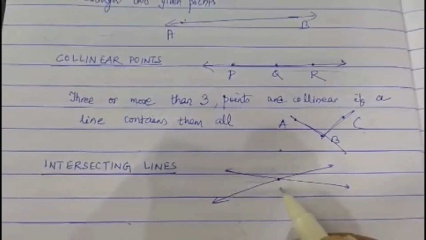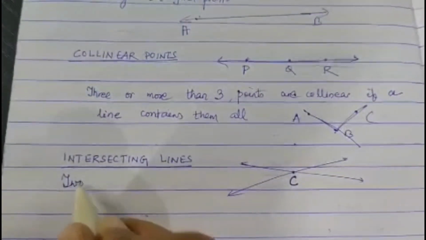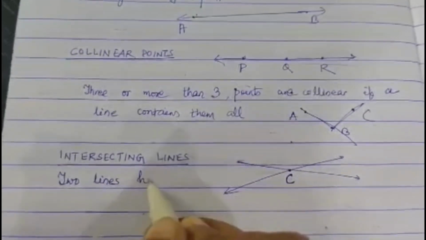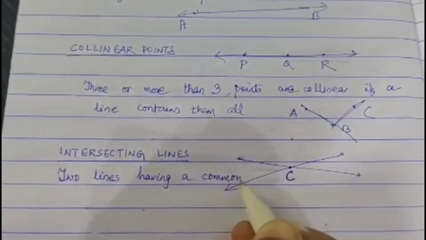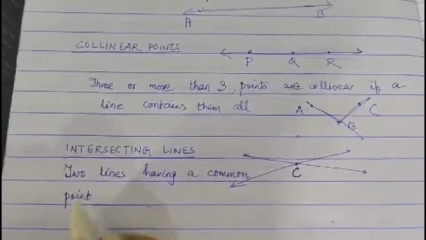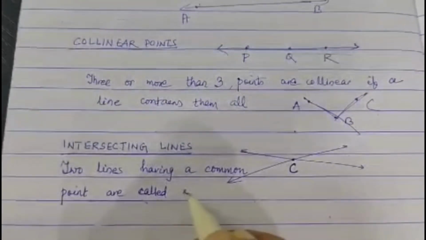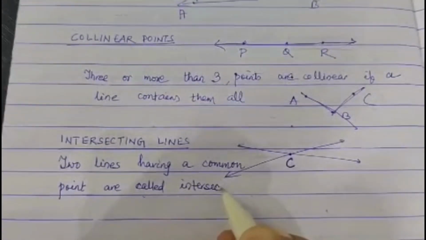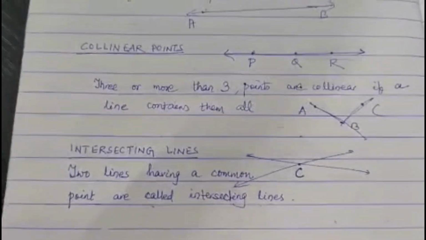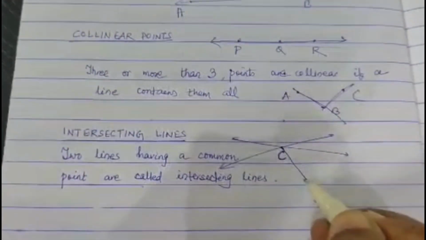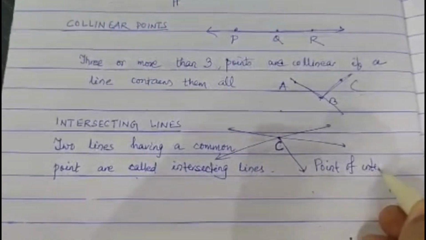There is a common point, let us call it C. So 2 lines having a common point are called intersecting lines. And this point is called the point of intersection.